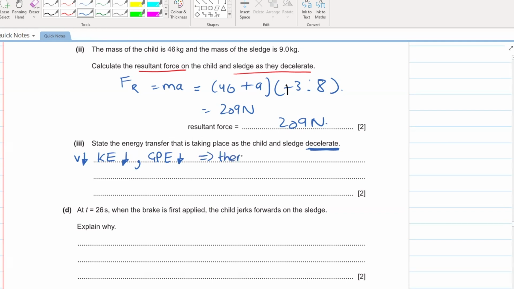Thermal energy. So let's write it in a clean manner, because this will not be accepted in the examination.